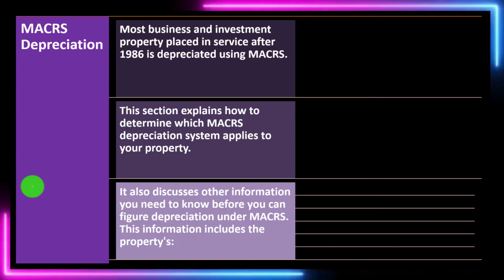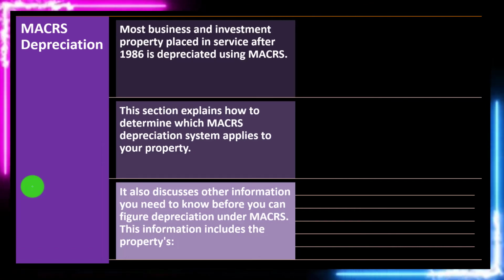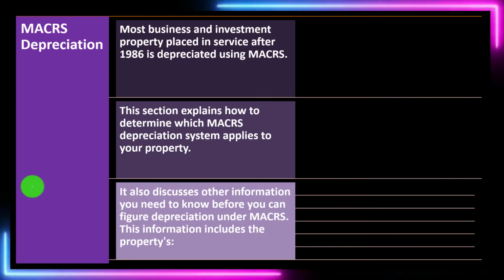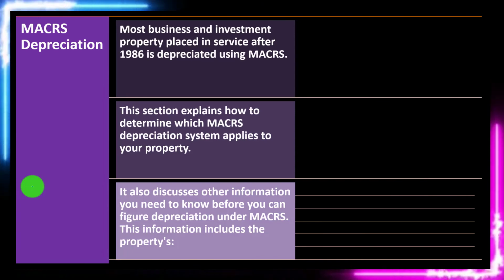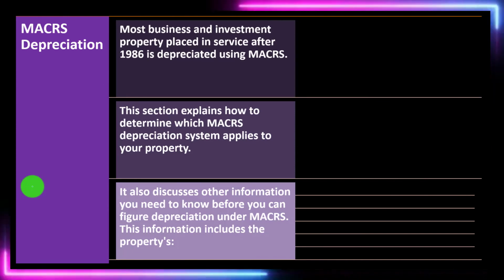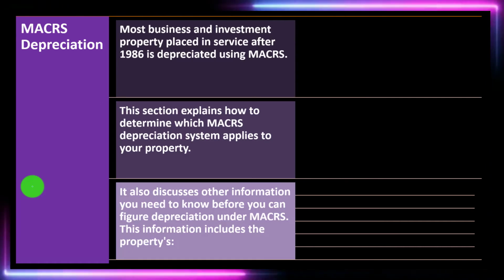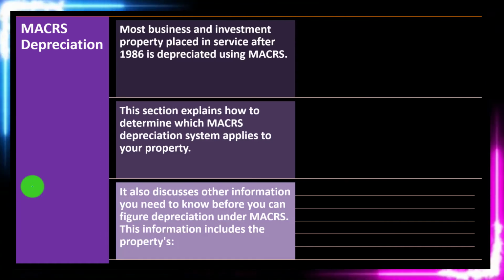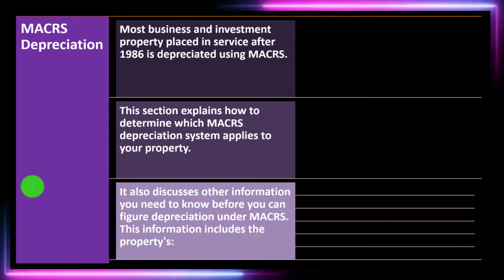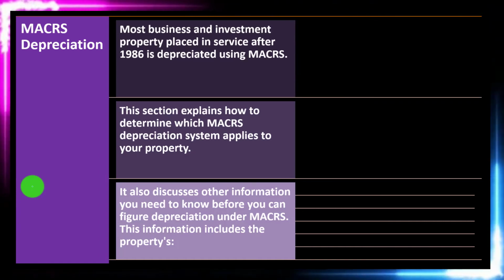You might be able to elect a straight line, but most people usually want the accelerated method. So oftentimes you're looking at a double declining half-year convention kind of method, which is like the default method you might think of with a MACRS type of depreciation, comparing it to normal generally accepted accounting principle depreciation.